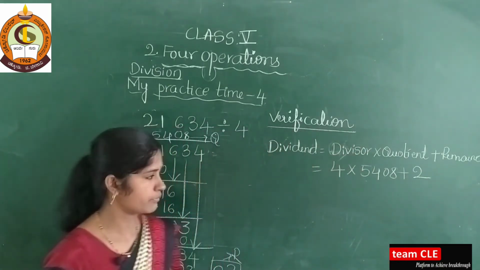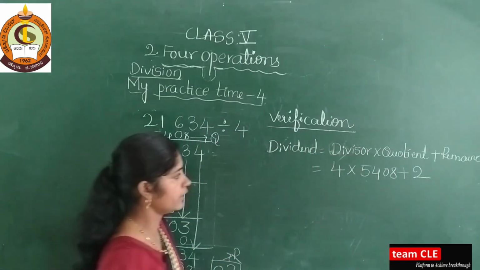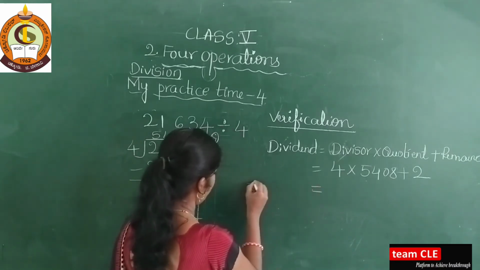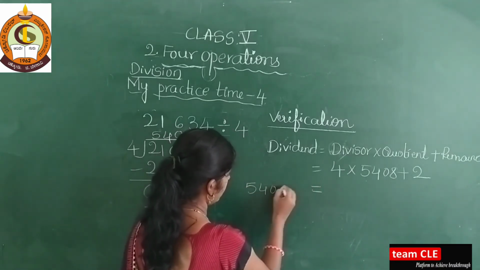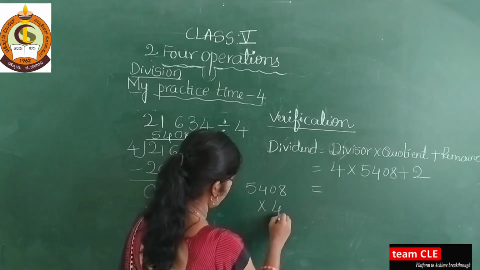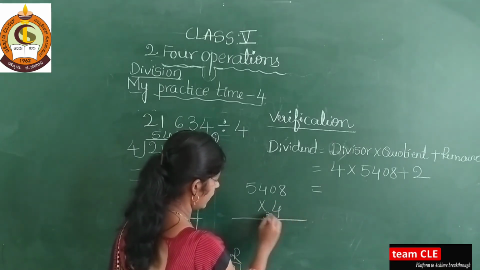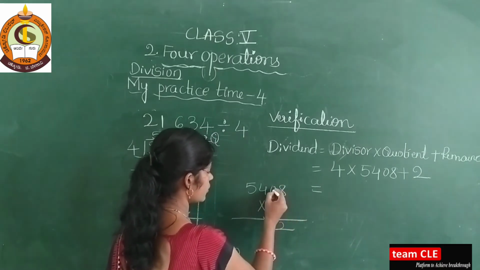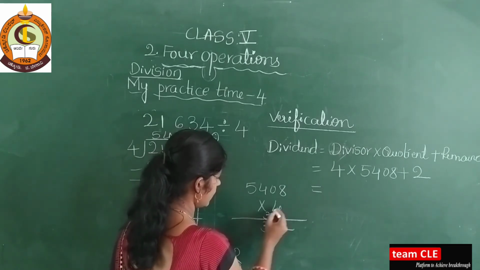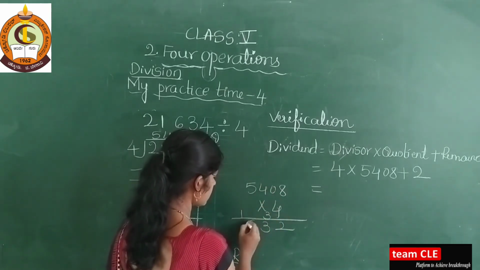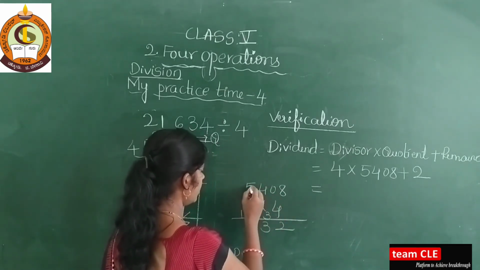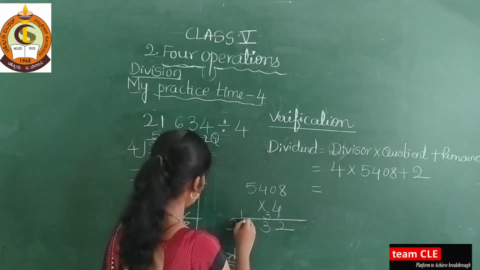If you know this, arrange it properly. Then multiply: 5408 into 4. 4 8s are 32. 4 into 0 is 0. 0 plus 3 is 3. Next 4 4s are 16. 4 5s are 20. 20 plus 1 is 21.